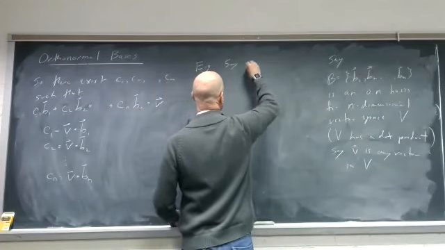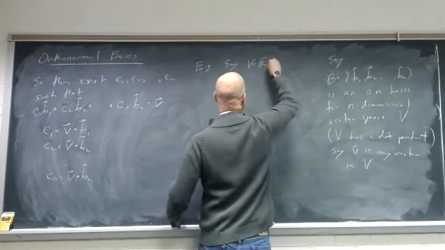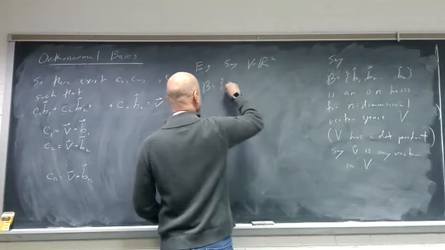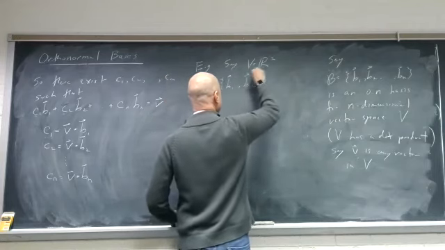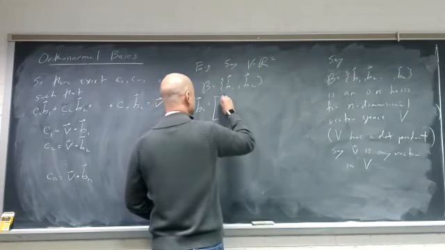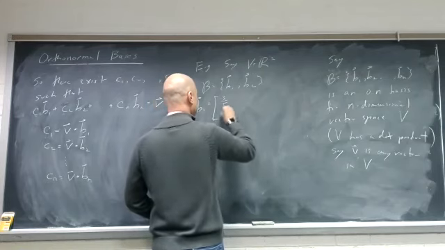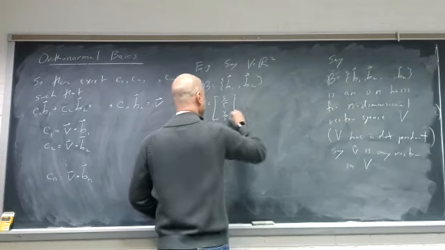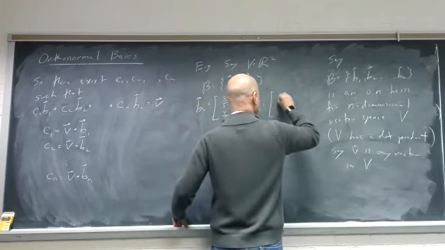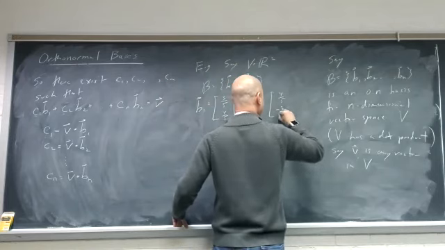Say V is R2. We already determined that B equals B1, B2, where B1 is, what was it, 3/5, 4/5. B2 was 4/5, minus 3/5.